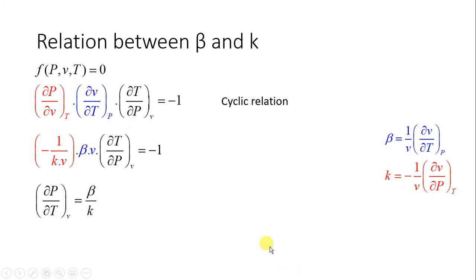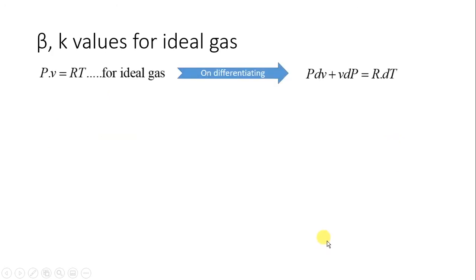This derivation we had seen over here: dou P by dou T when volume is constant is beta by k, and dou V by dou T when pressure is constant is equal to beta into V. So the same thing has been used.